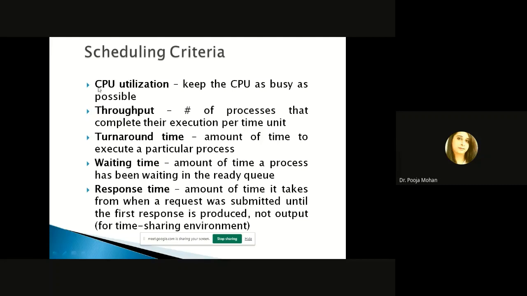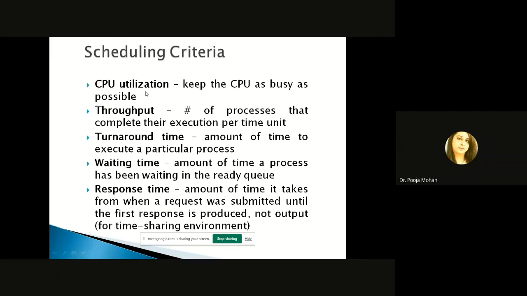What is CPU utilization? It is basically the average fraction of time during which the processor is busy. It will involve all the times in which the processor is executing some programs.